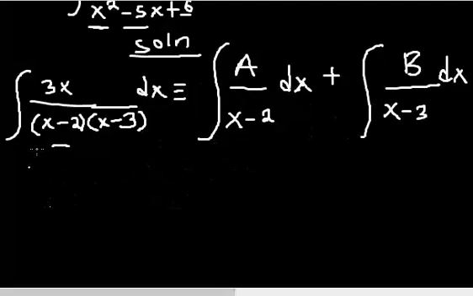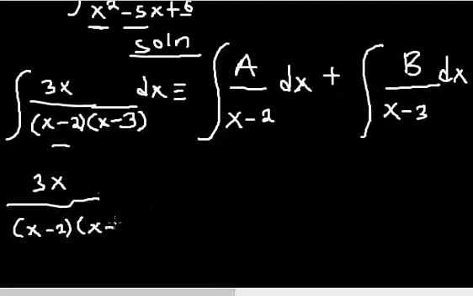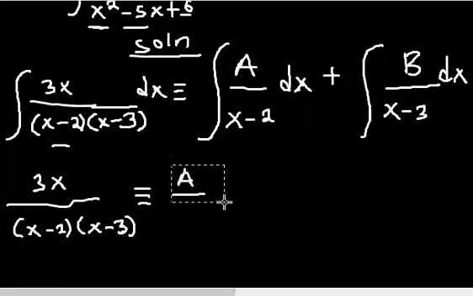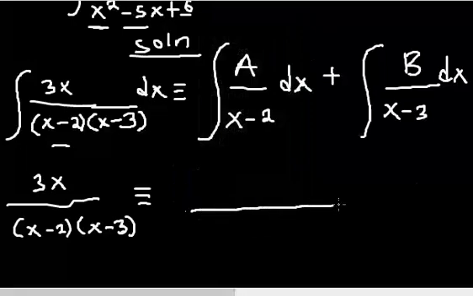Let me just leave the integral first. I want to get my a and b, so I have 3x divided by x minus 2 times x minus 3 equivalent to a over x minus 2 plus b over x minus 3. Let me simplify the fraction at once.